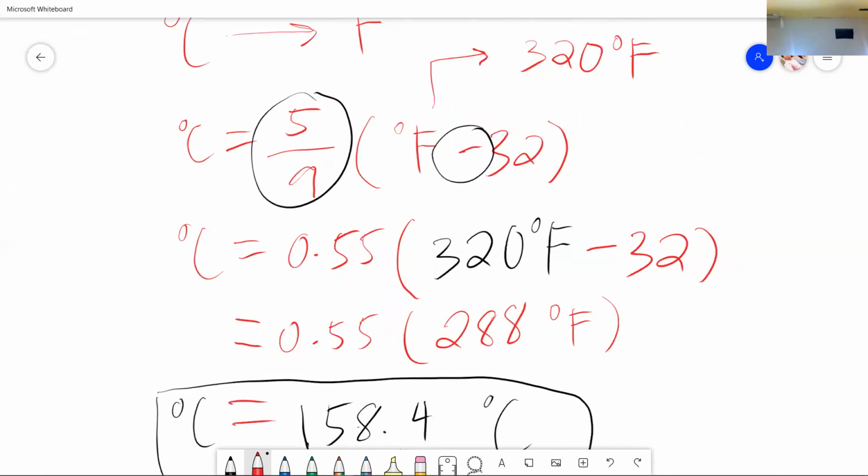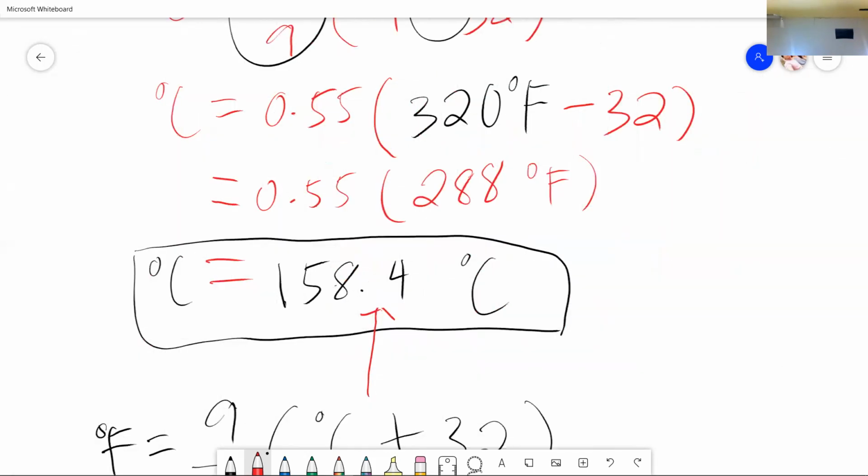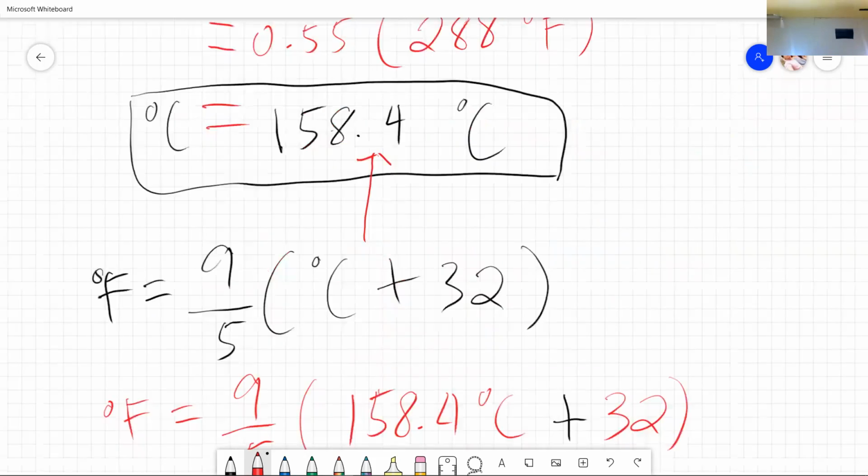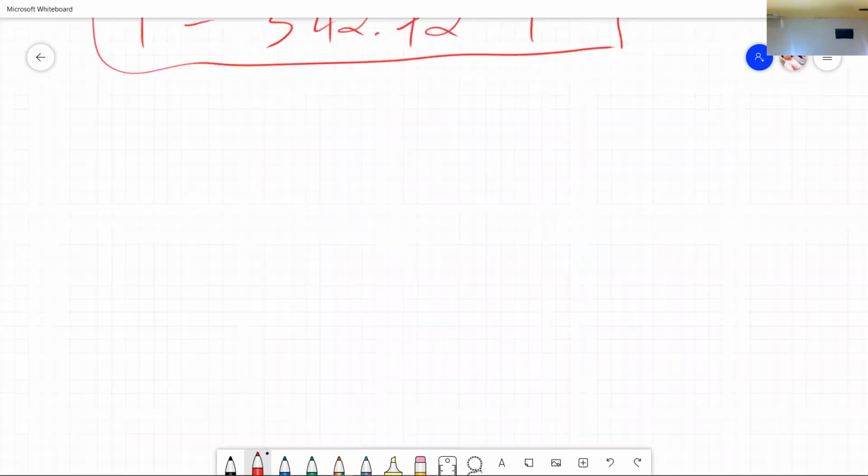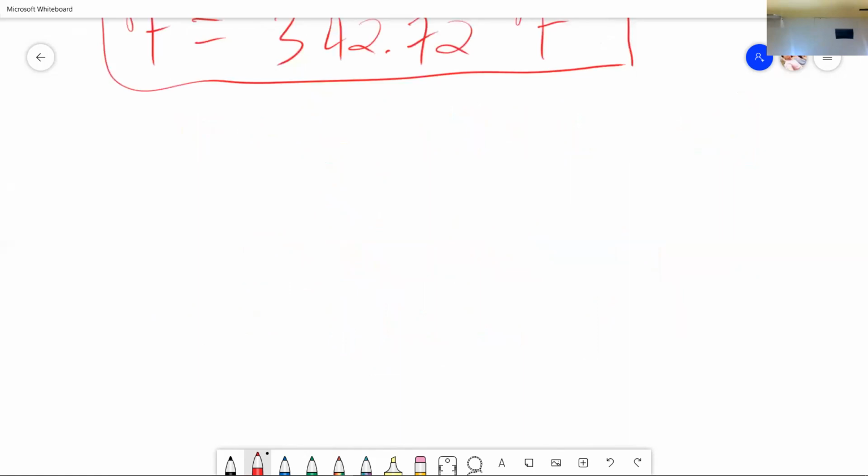Okay, what if you're going to solve from degree Fahrenheit to Kelvin? What is the equation for that? I think there is none. So we go through converting degree Fahrenheit to Celsius first, and then Celsius to Kelvin.